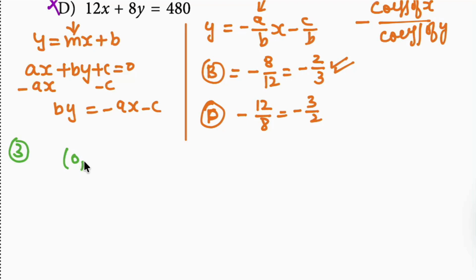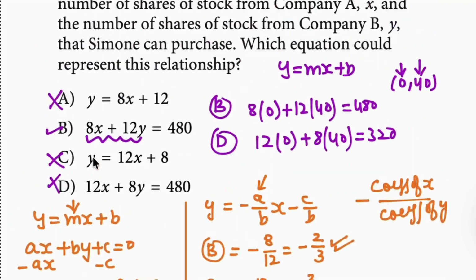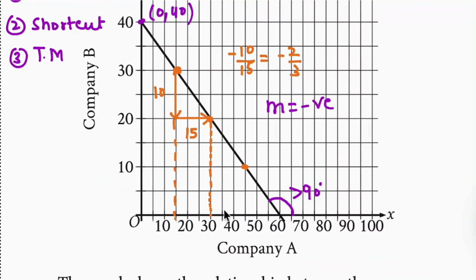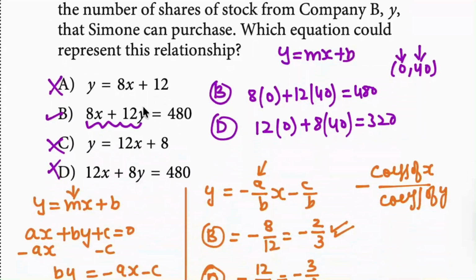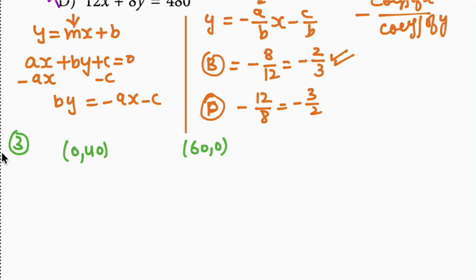The x-intercept is (60, 0) and the y-intercept is (0, 40). Now we will use the traditional way of forming the equation: y minus y1 is equal to m times (x minus x1).